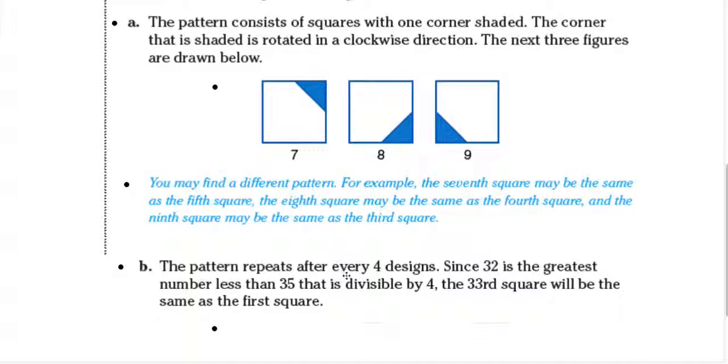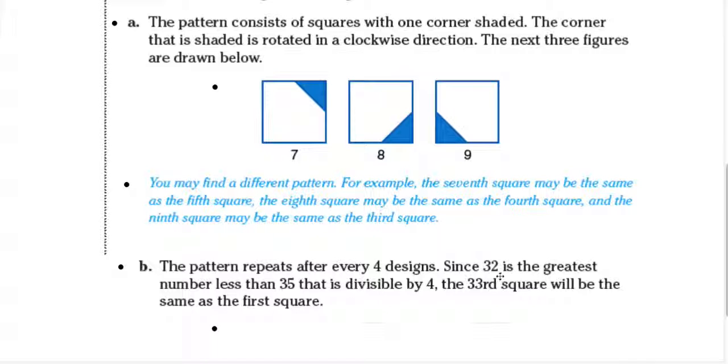If you look at the pattern right here, you'll notice it repeats after every 4 designs. So you simply get the highest number that's divisible by 4 and close to 35, and that is 32, and it should be less than 35.